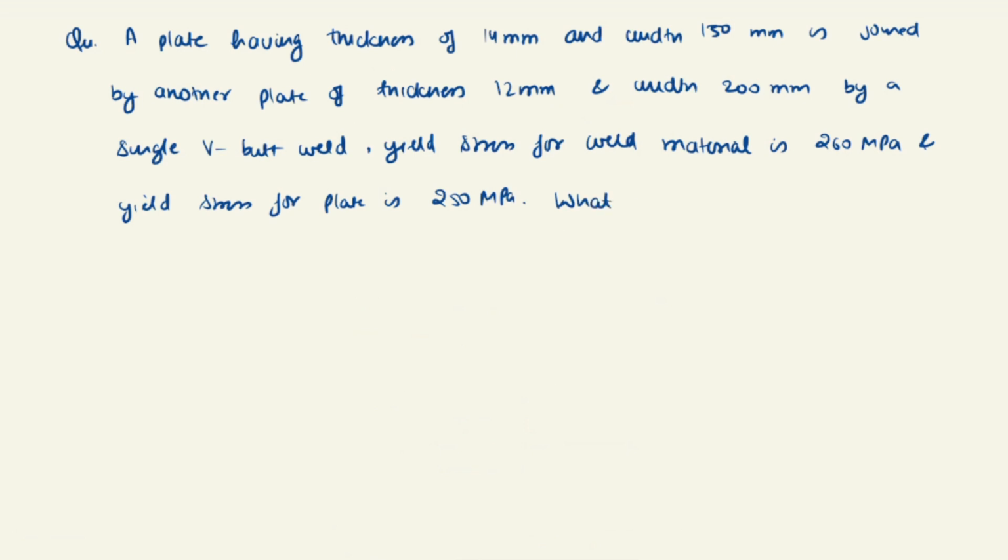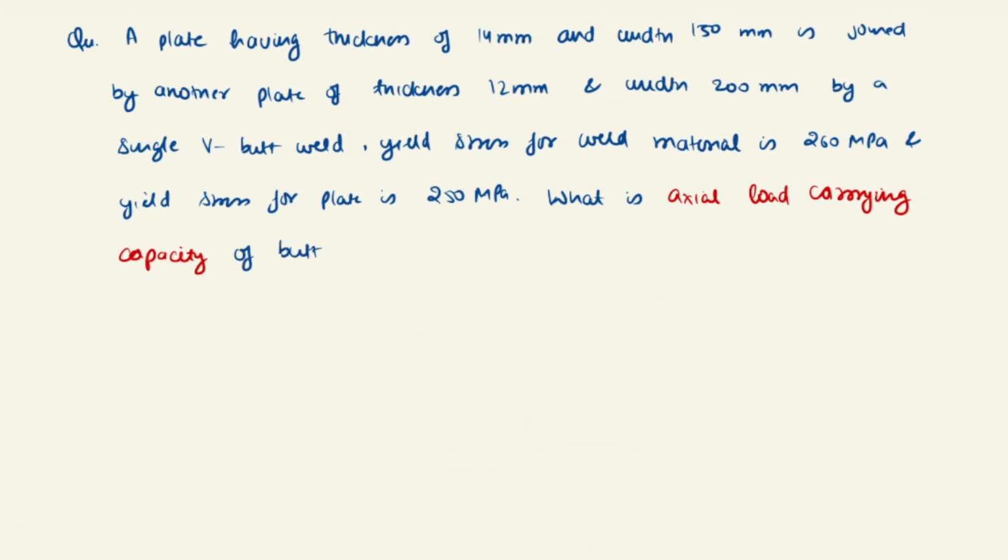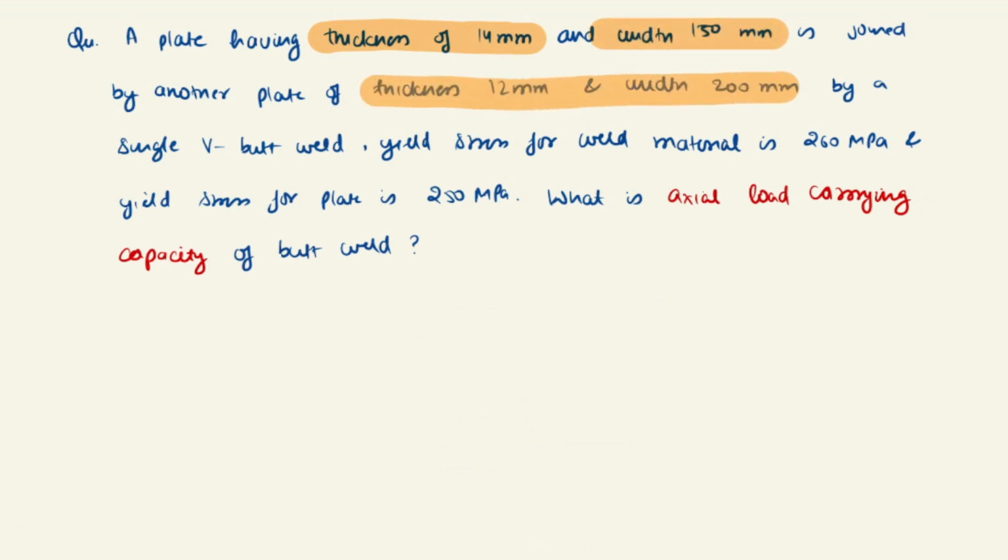What is the axial load carrying capacity of butt weld? So the question is simple, in which we are given some data regarding the thickness of two plates. One plate has thickness of 14 mm and width of 150 mm, while the second plate has thickness and width as 12 mm and 200 mm.